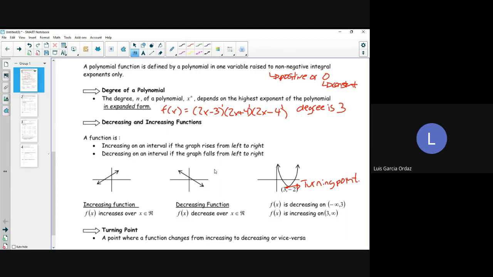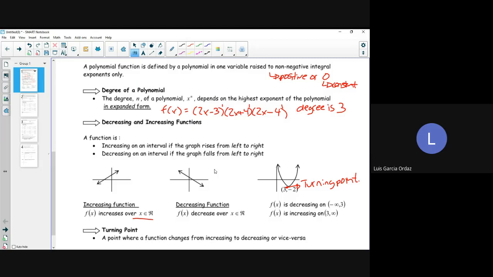So for this one, we have a straight line. Is the graph increasing or decreasing? It's increasing over all of the x values, okay? So basically your interval of increase would be from negative infinity to positive infinity, or over all the real numbers on the x-axis, okay?